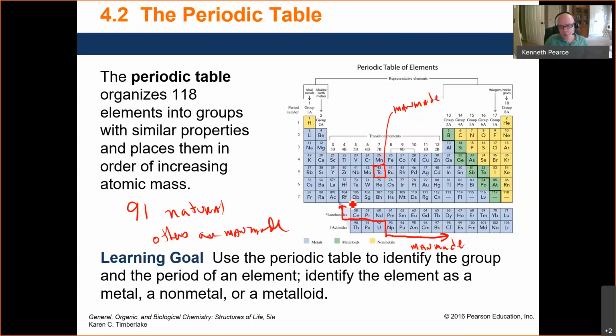I would say don't worry about these guys in here. These are probably the only ones that you really shouldn't care too much about. Same thing down here. So everything that I didn't cross off, try to familiarize yourself with the location of those elements.